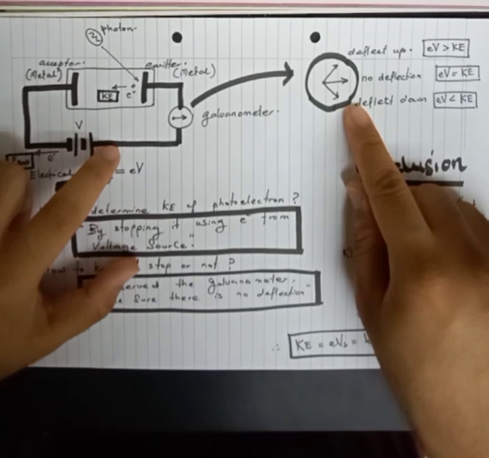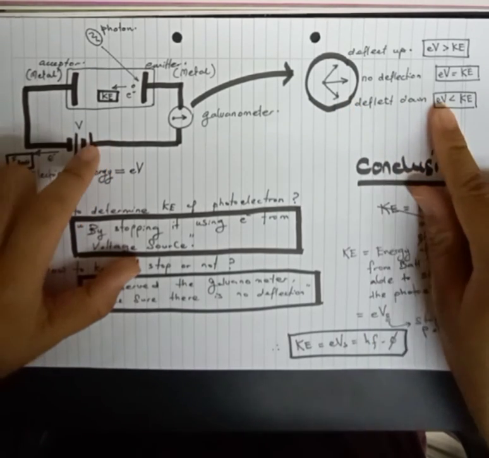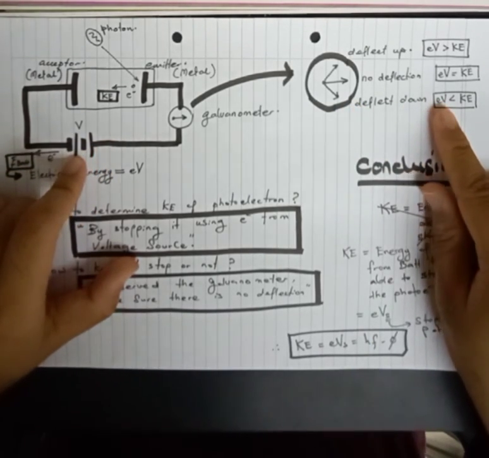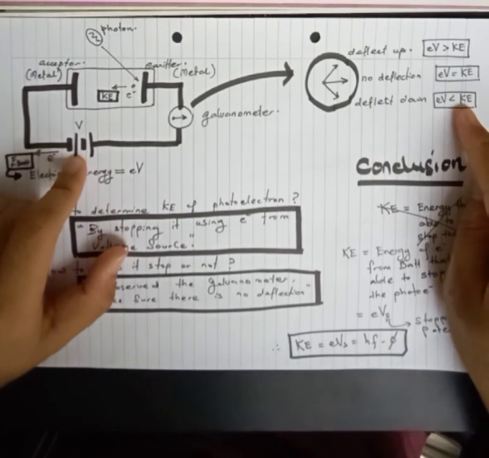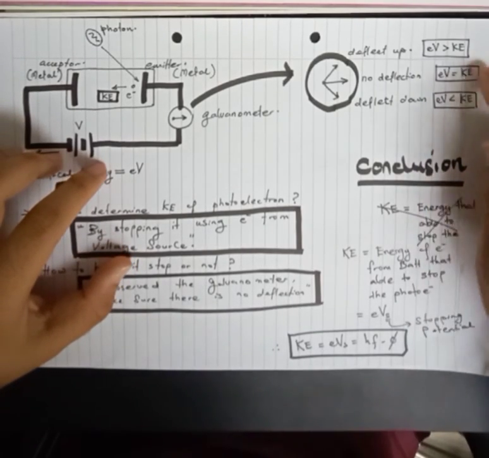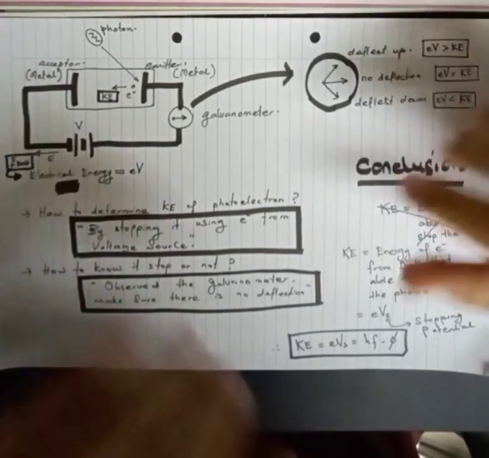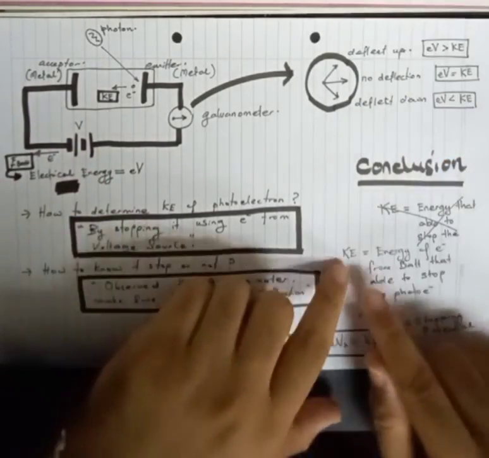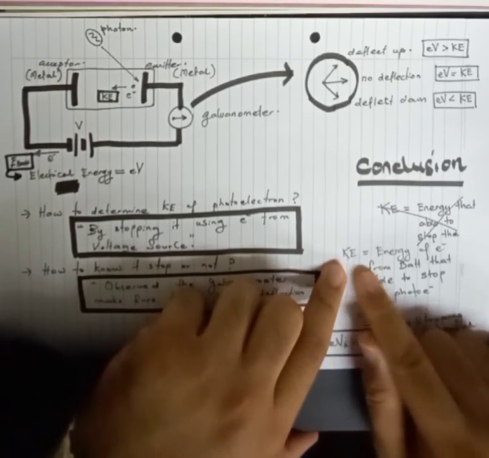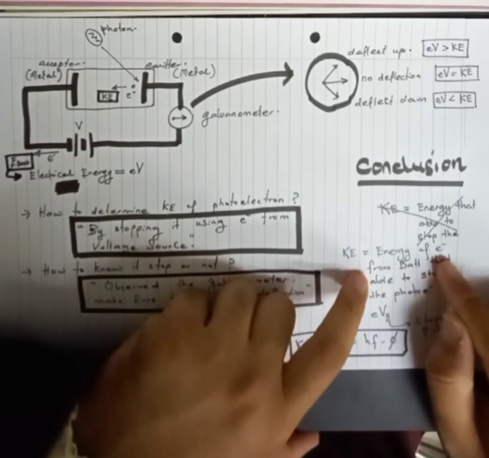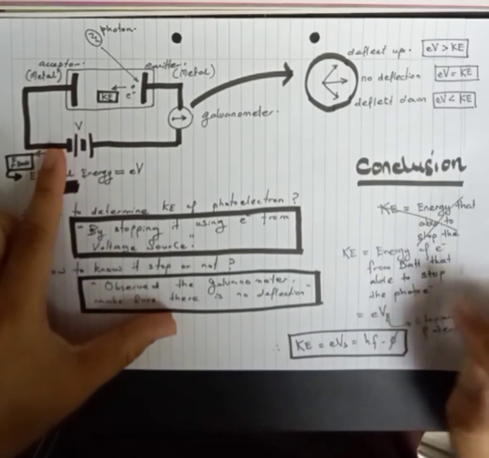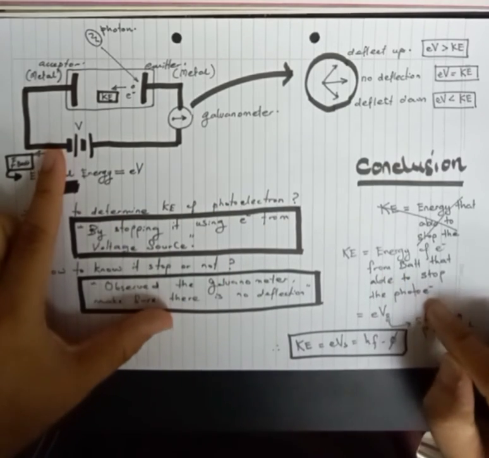If the needle deflects down, the energy of the electron from the battery is less than the kinetic energy of the photoelectron. So we must make sure that there is no deflection on the galvanometer needle. From this, we can conclude that the kinetic energy of the photoelectron is equal to the energy of the electron from the battery that is able to stop the photoelectron.